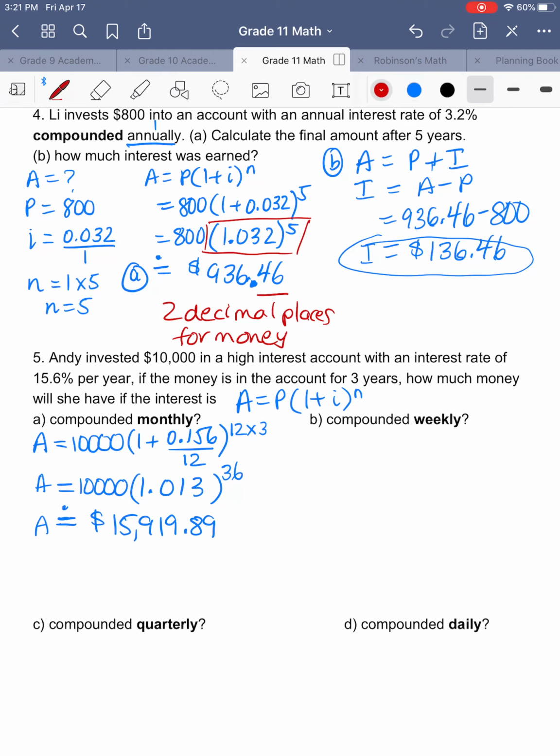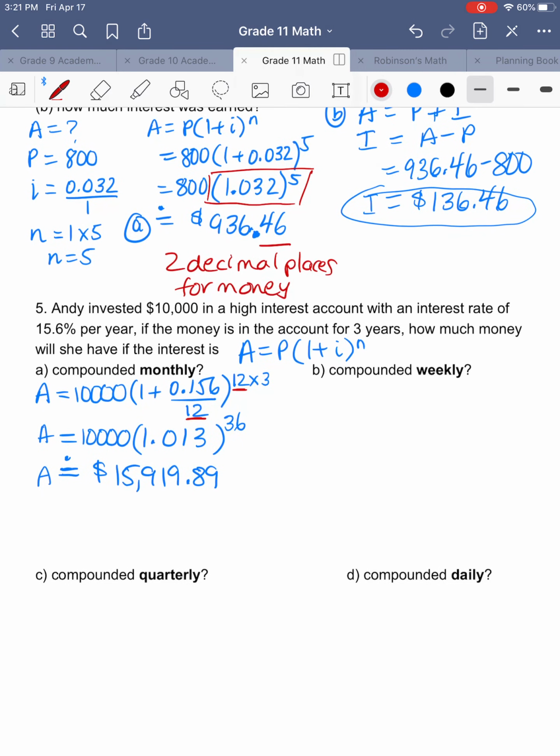So there's only 2 parts of the equation that are actually going to change because we're only changing the compounding periods. So right here where we see these 12s, those are going to change based on the compounding period. So if we look at part B, so weekly, there's 52 weeks in a year.